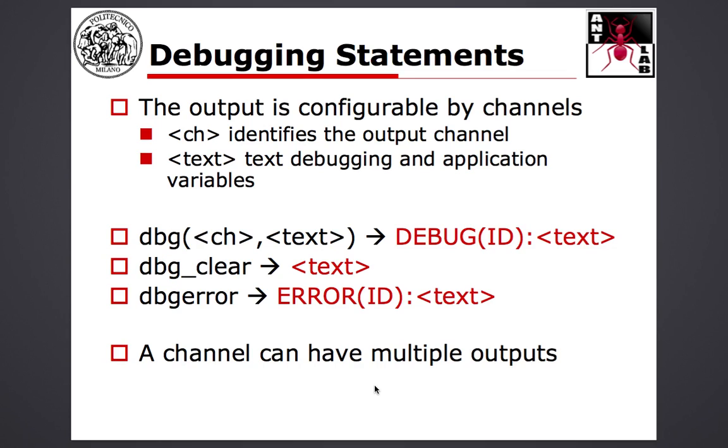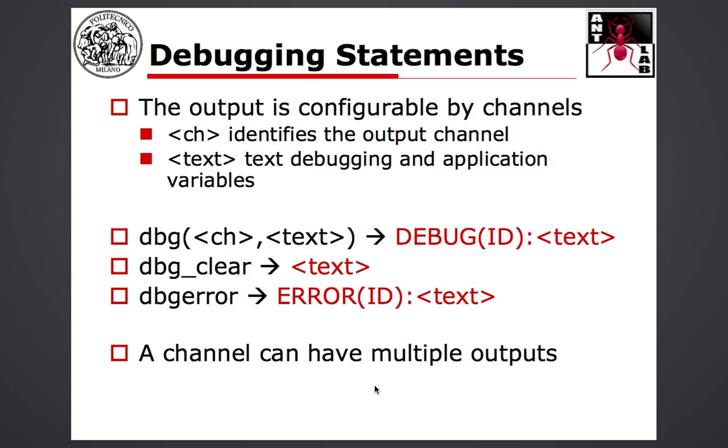Okay? And in particular, there are three instructions that we can insert in the TinyOS code, and we will see in a while how they are used. The most important one is the dbg instruction, which, as you can imagine, is basically the equivalent of a print statement. So it allows us to print text on the output terminal.